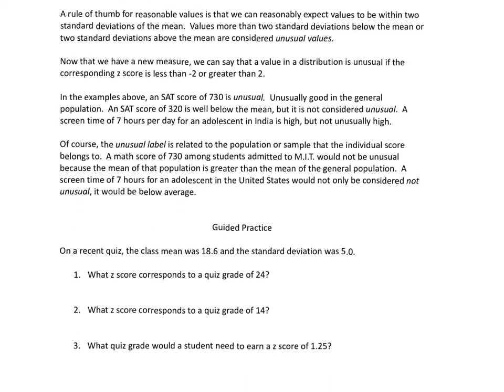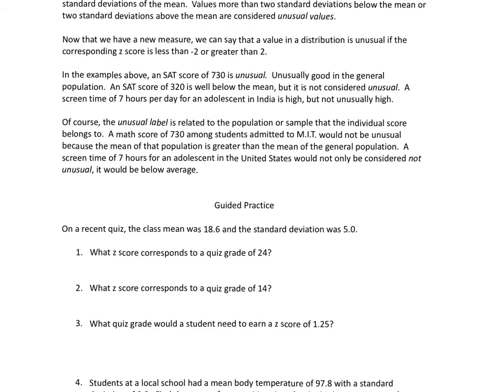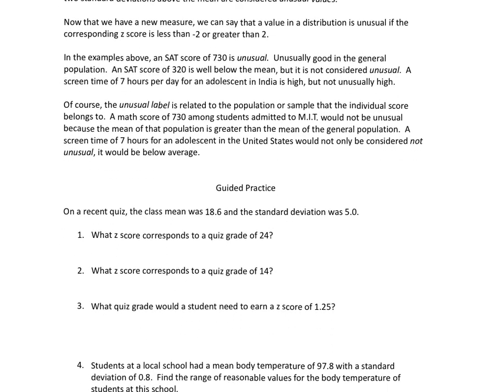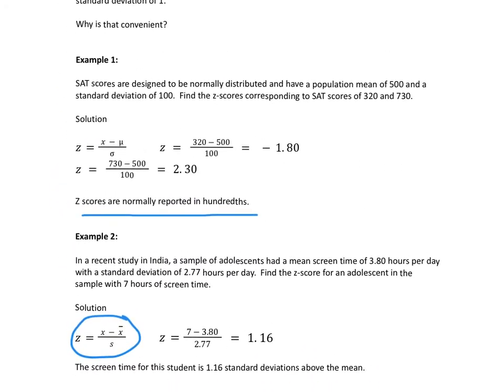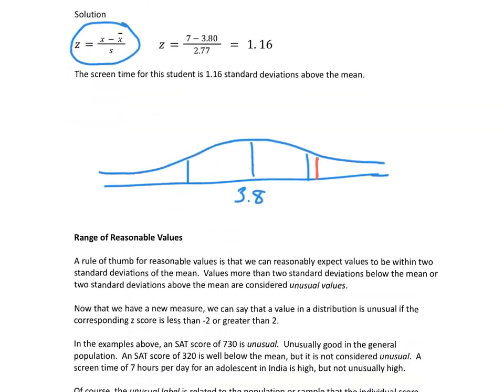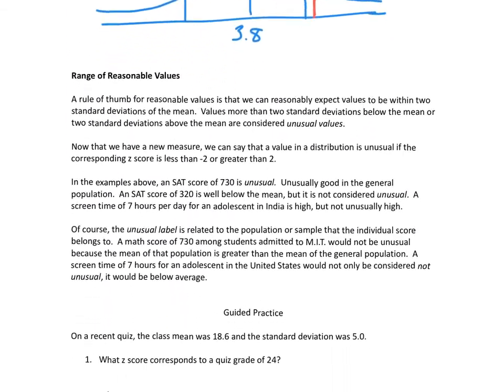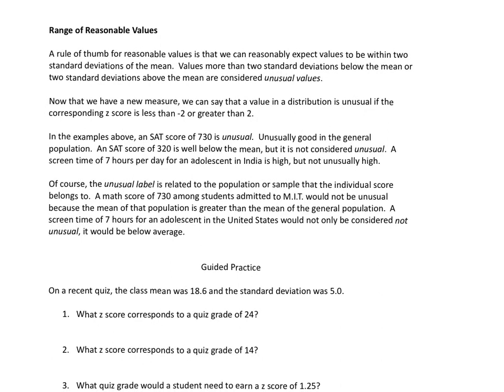Okay, so here talks about in the above examples, an SAT score of 730 is unusual. Recall that it was more than 2 standard deviations above the mean. It was 2.3 standard deviations above the mean. So that would be considered unusual. And yeah, if somebody scored a 730 on one section of the SAT, I guess that is math or English or writing, that would be really good.